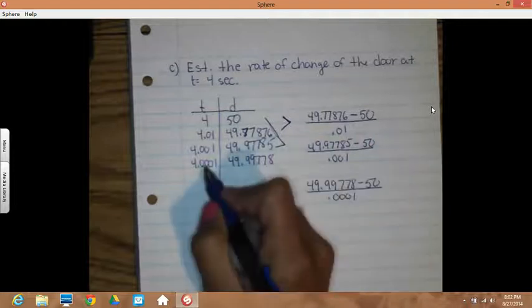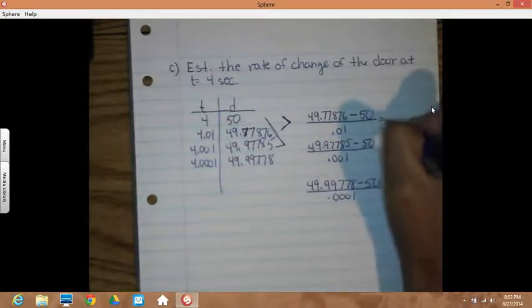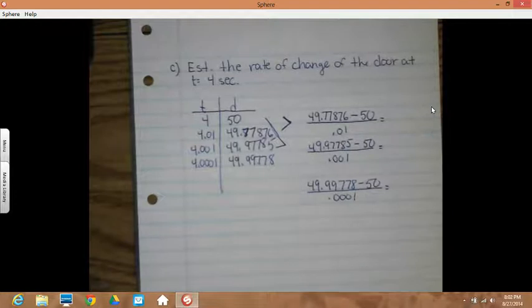That'd be this minus the 4. Okay, let's do those 3 problems.